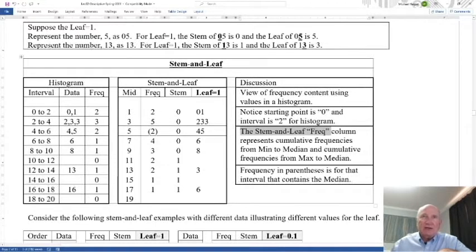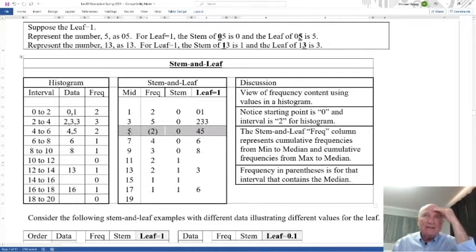The stem and leaf frequency. This frequency right here. The stem and leaf frequency column represents the cumulative frequencies from the minimum to the median and the cumulative frequencies from the max to the median. So when we look at this, the way the stem and leaf will do it, it will identify the median.